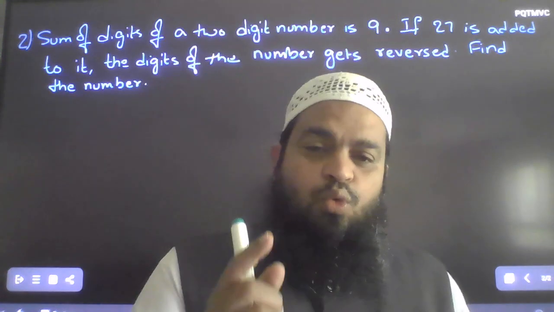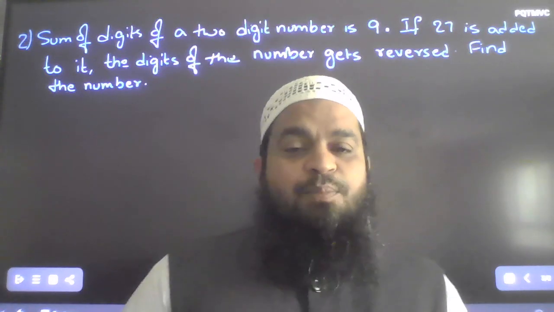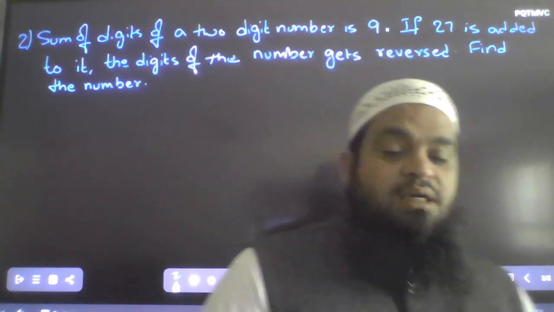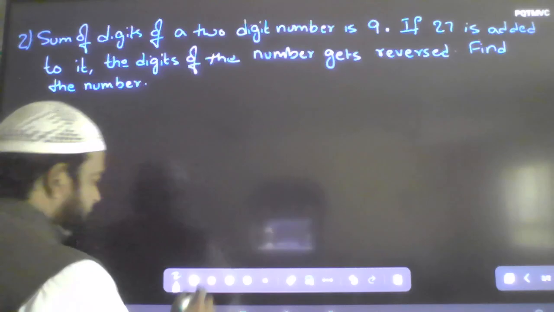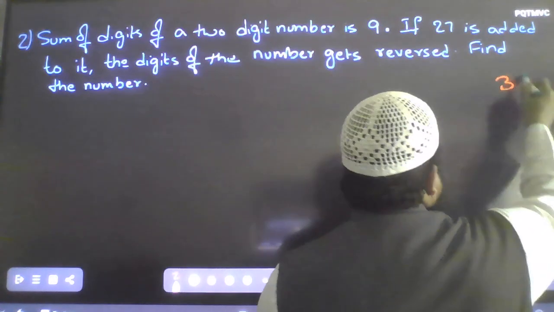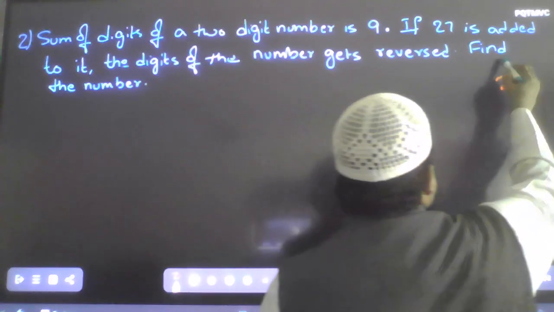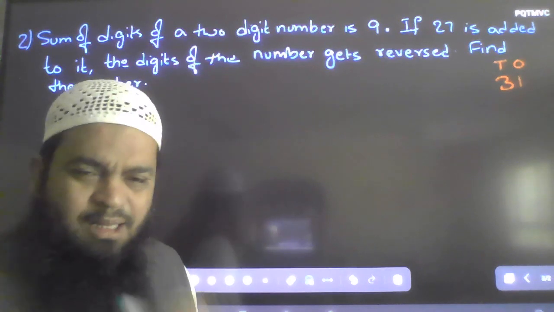Now let us write what is given, then you will understand. The sum of digits of a two-digit number is 9. When you have a two-digit number, for example 31, one digit is in the tens place and another digit is in the ones place.